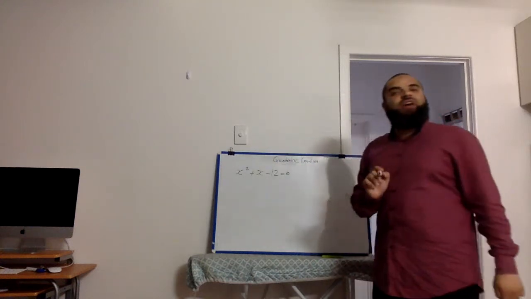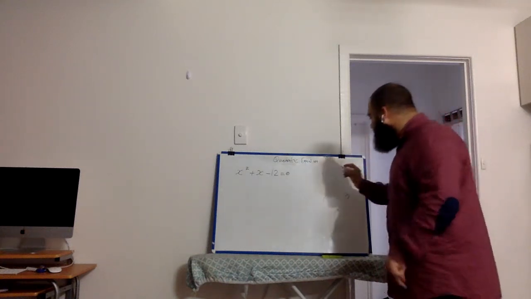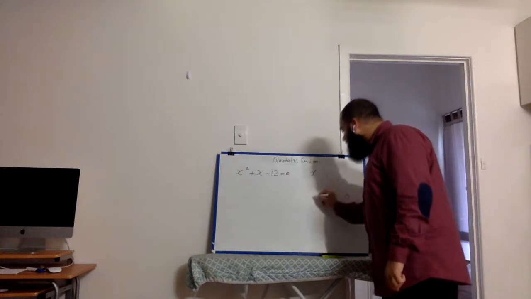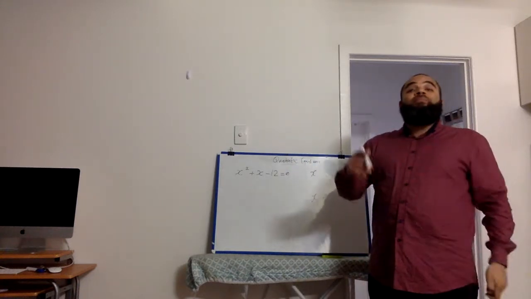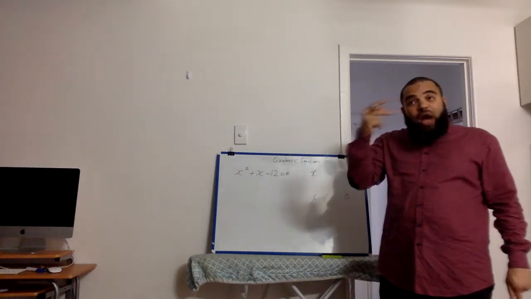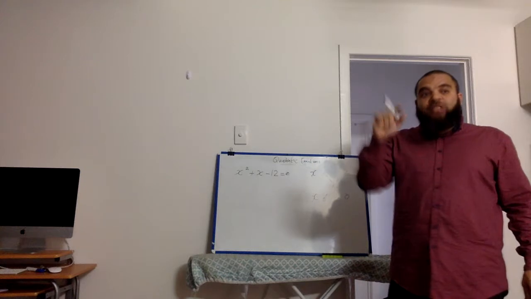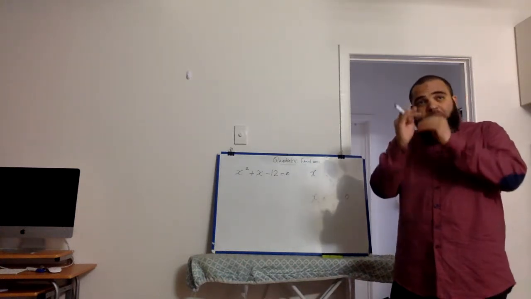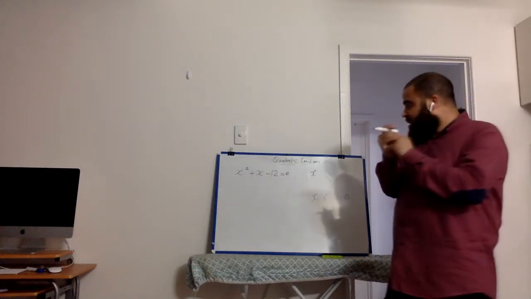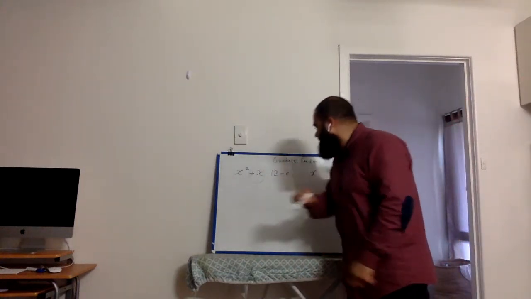X squared, if I need to factorize it into two multiplied quantities, can be x times x. And 12, I need to factorize the 12 into two figures so that the addition or the subtraction between both of them is equal to the coefficient here, the value of x here.